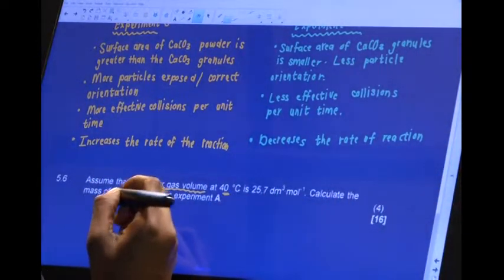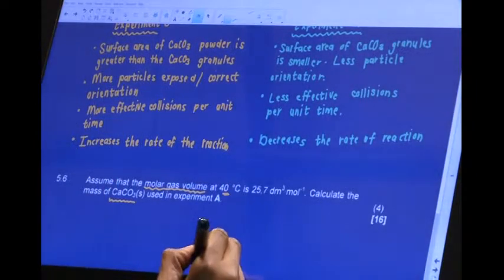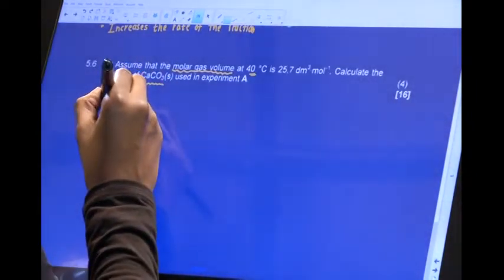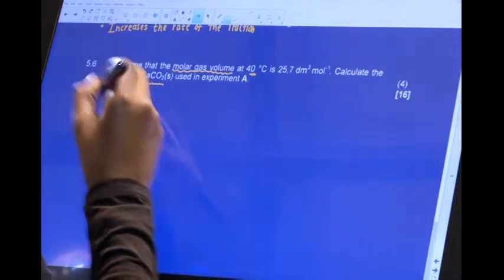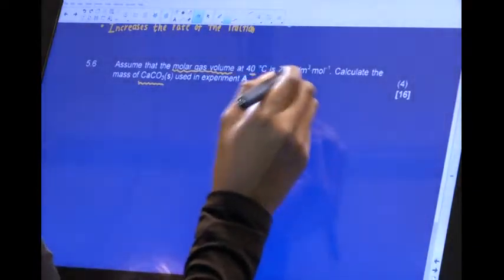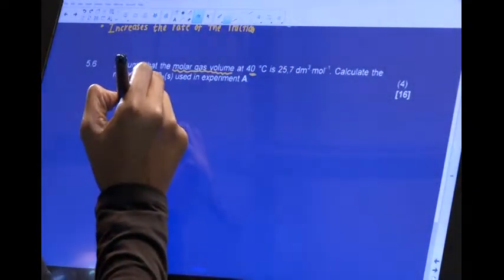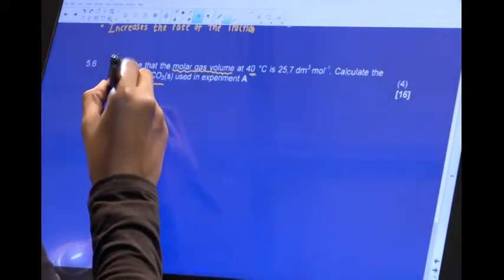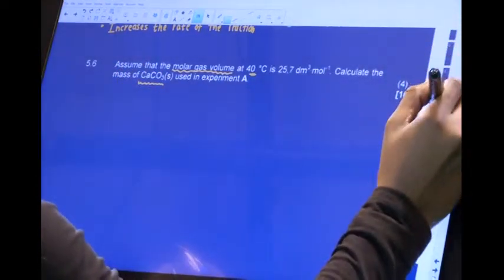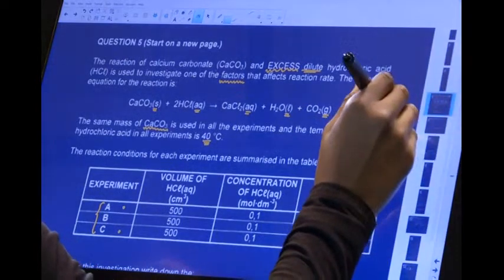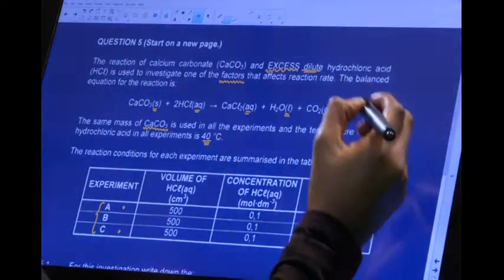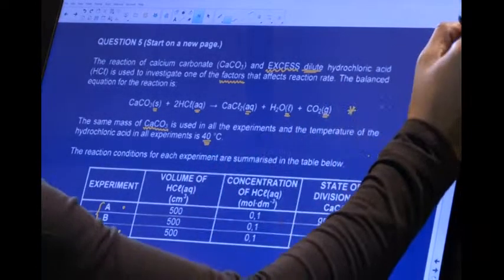So let me see if I can fit it in here. Let me extend this page. There we are. So remember, I'm going to find my mole ratios. I know that they're asking me the molar volume at that. I must calculate the mass of this, right? Now I'm going to use CO2 because from the experiment given, I am given some information about the CO2 from the equation here below and then so forth.